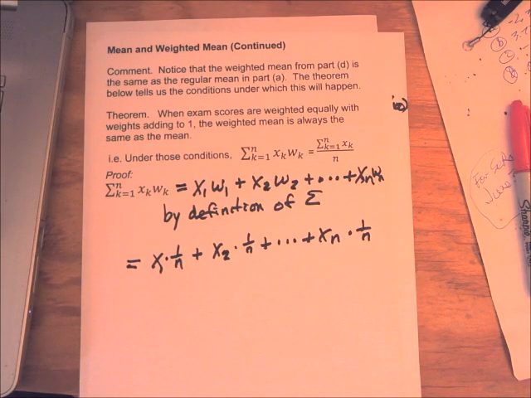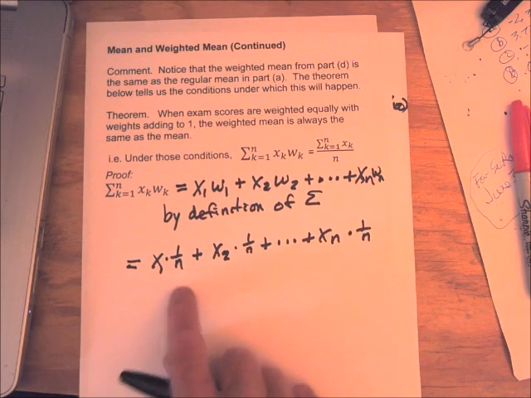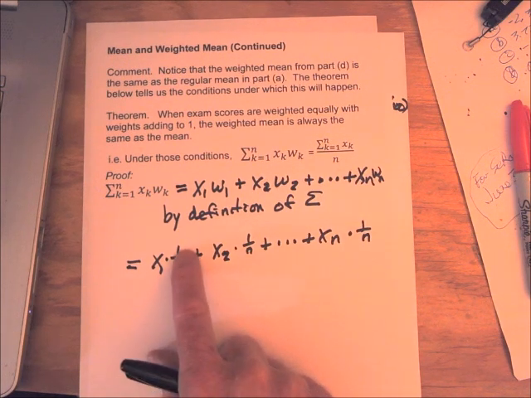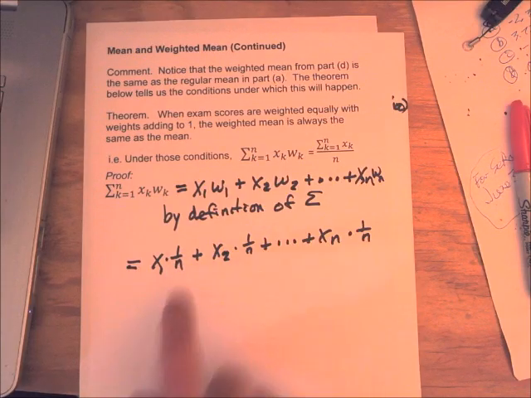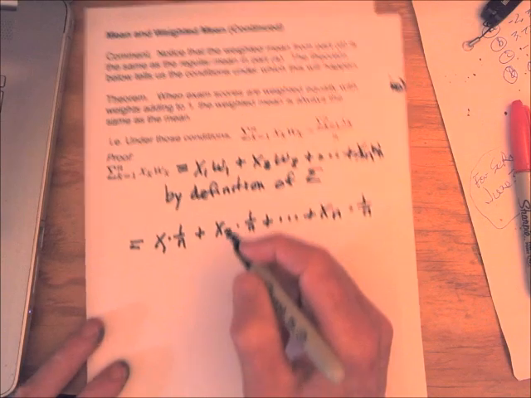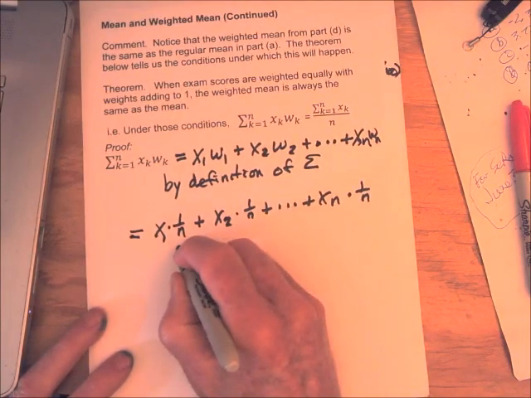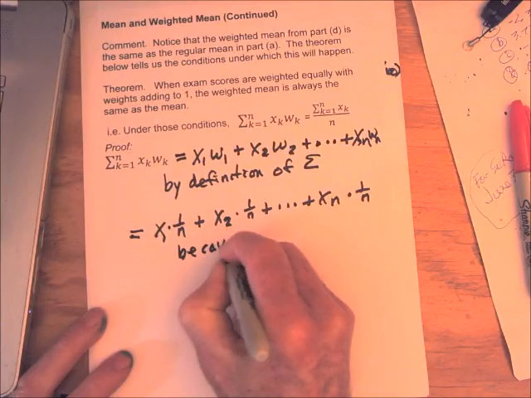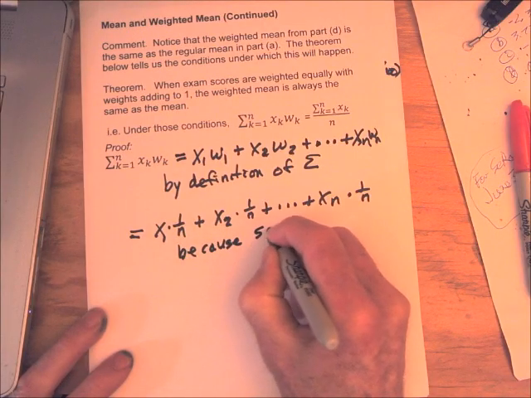If you're dividing equally among 17 people, each person will get 1/17. So in this case, we're dividing among n people. Each person gets 1 over n. We're not dividing pizza, but we're weighting exam scores. If they're weighted equally, then each weight is going to be 1 over n. This is because the scores are weighted equally.